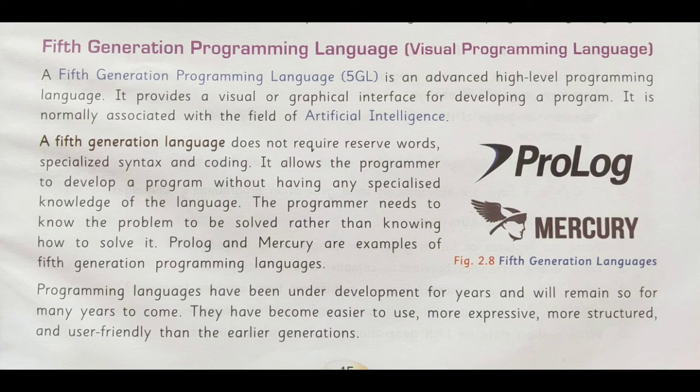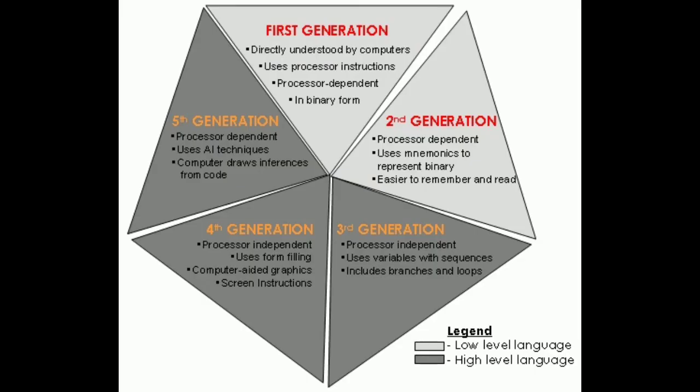Programming languages have been under development for years and will remain so for many years to come. They have become easier to use, more expressive, more structured, and user-friendly than the earlier generations. So let us see a summary.